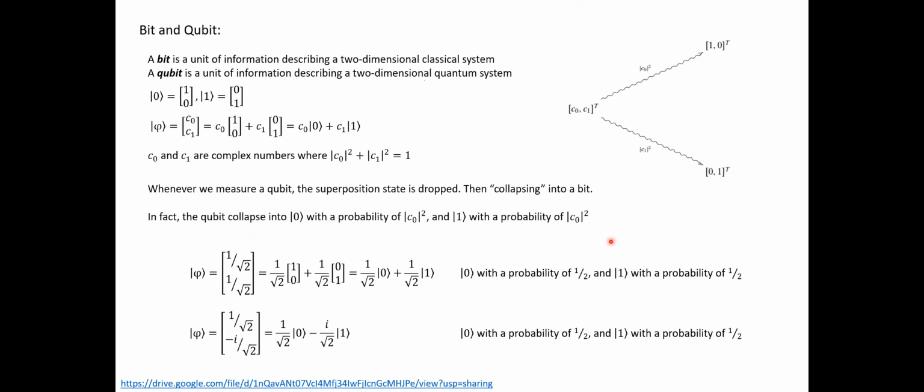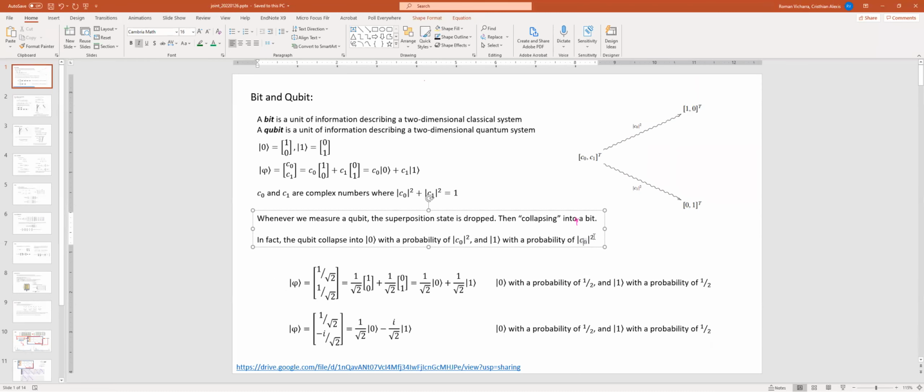It's C1. So it means if I start measuring a qubit like 100 times, I will get a certain percentage of zeros and the other percentage of ones, according to the amplitude of those complex numbers.